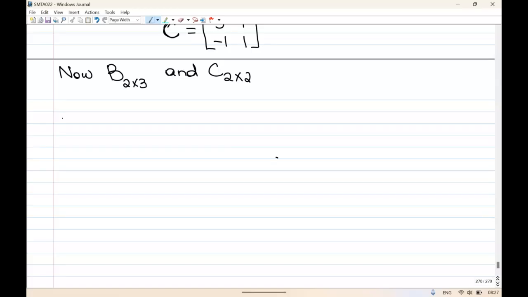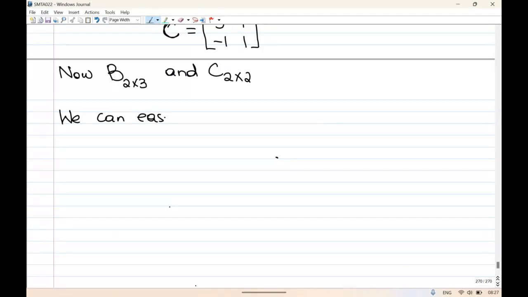So we can easily see that if you want to multiply the two, there is no way that you can get BC. You can only get CB. BC is not possible. Do you see it?